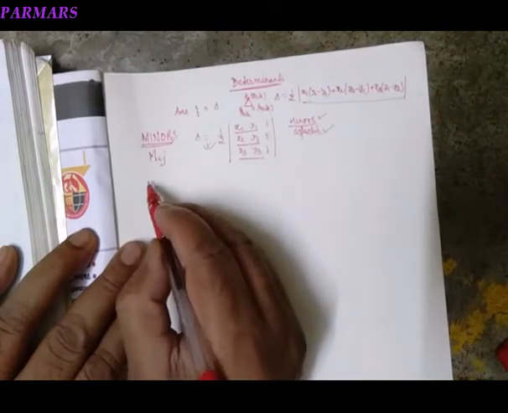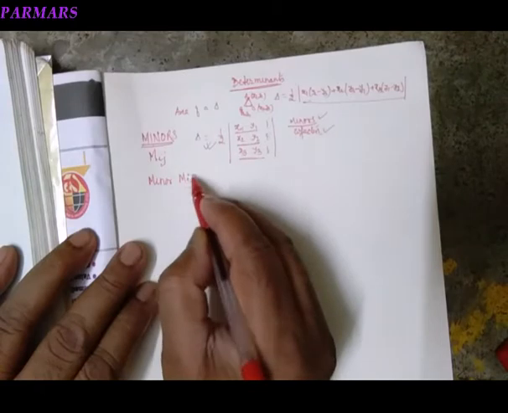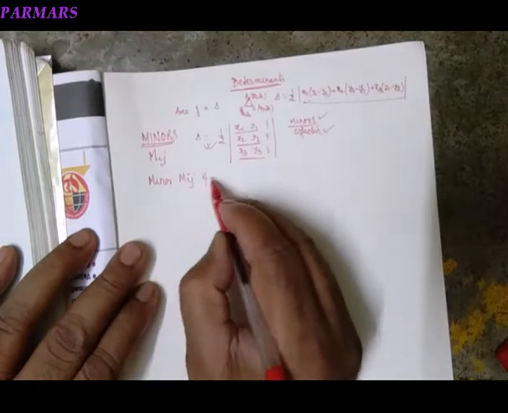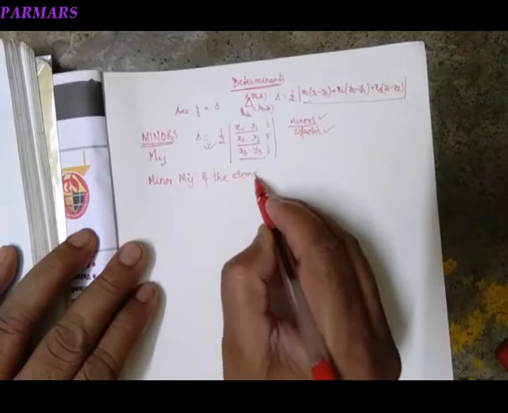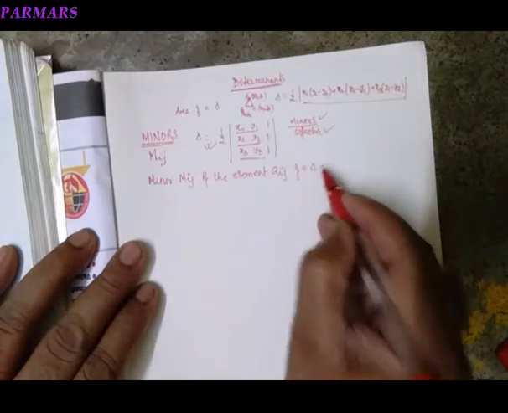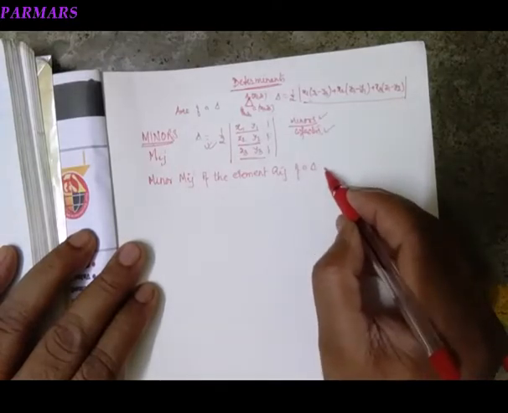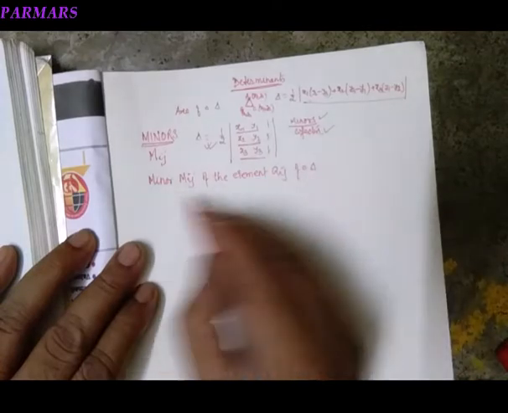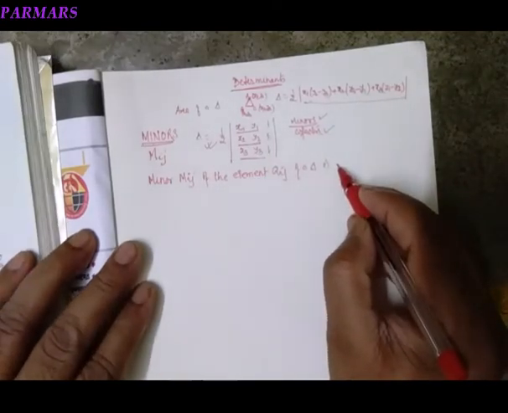So we can say that the minor Mij of the element aij of a determinant is a determinant.